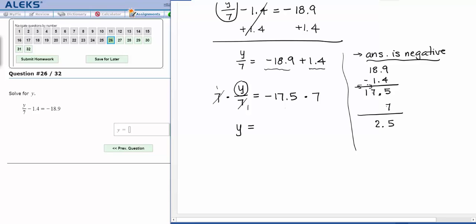And 7 times 1 is 7, plus 5 is 12. And I have one decimal place, so it's 122.5. And my answer is negative because a negative times a positive is negative. So I have negative 122.5. And there's my answer.